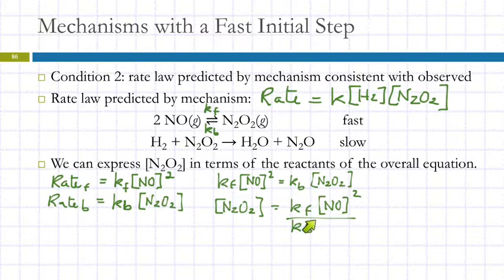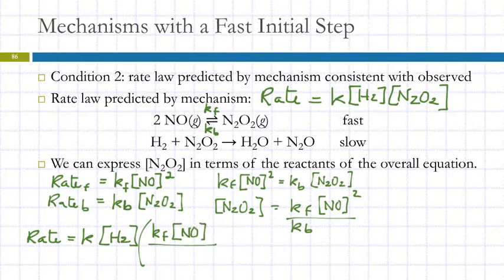I'm going to take this and plug it into the rate law predicted by the mechanism. So the rate predicted by the mechanism is a constant times the hydrogen concentration times the N2O2 concentration, which we have determined is equal to this. So this part in the big parentheses is this guy right here.